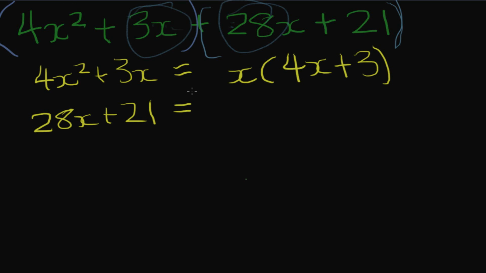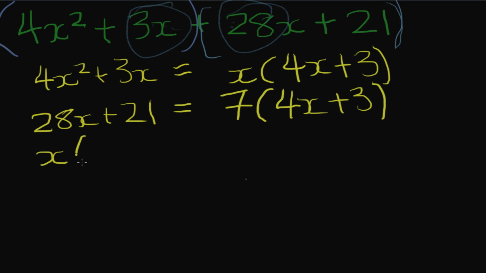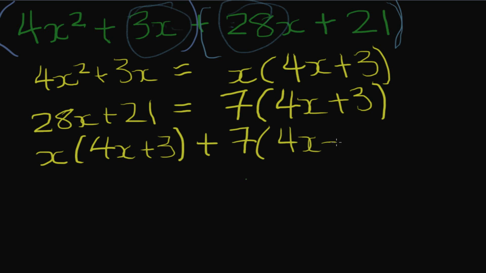The common factor of this is 7, and that would make it 7 times (4x plus 3) as well. Now if we write it all out again, x(4x plus 3) plus 7(4x plus 3), you'll realize these two brackets are the same.